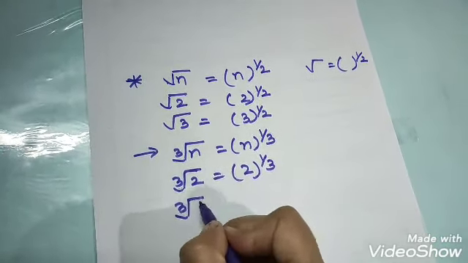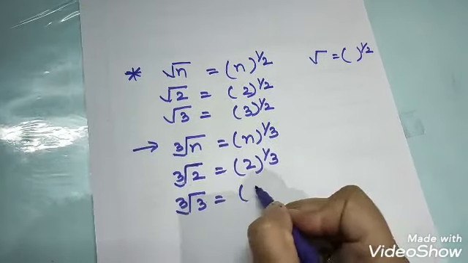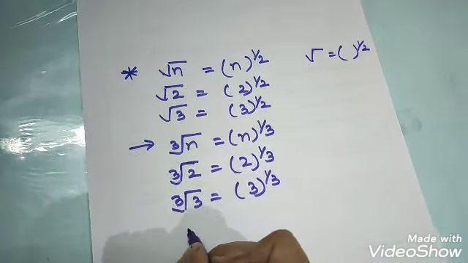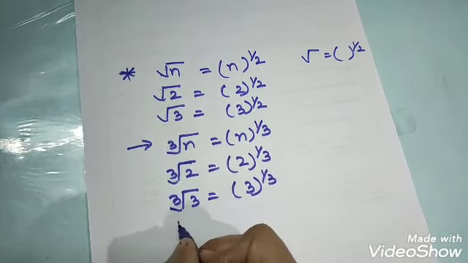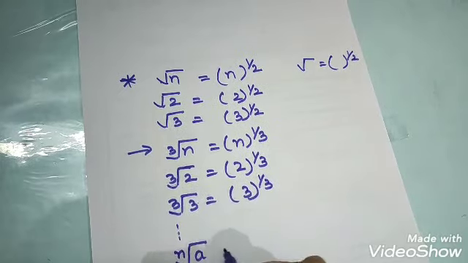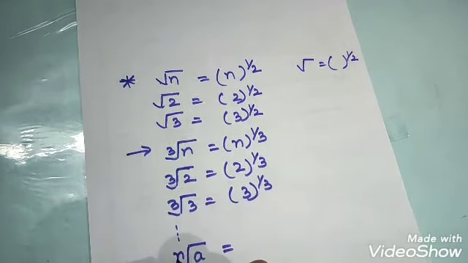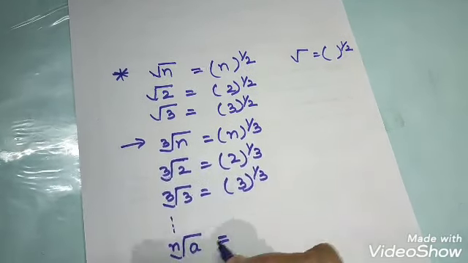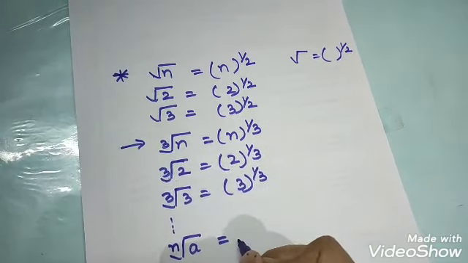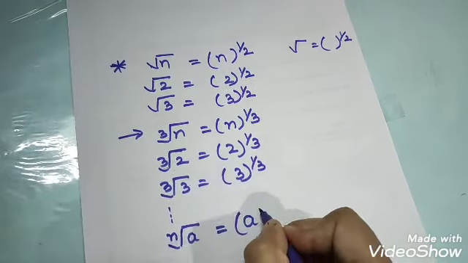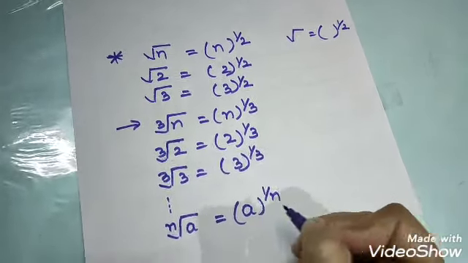Cube root of 3 is 3 to the power 1 by 3. So what we get from here: for the n-th root of a, where n is a positive integer and a is any real number, it can be written in the form of a to the power 1 by n.